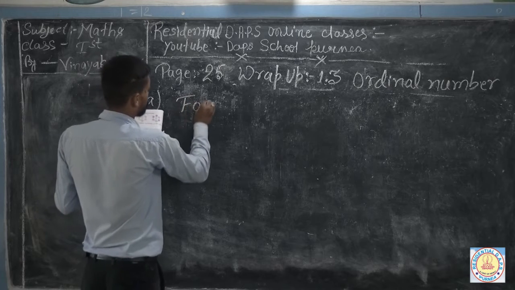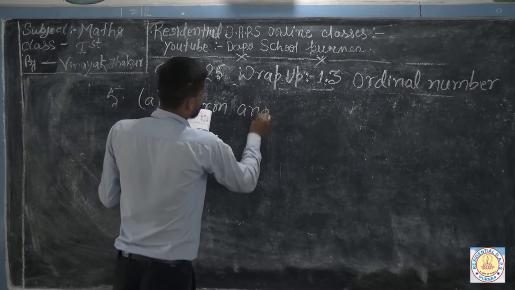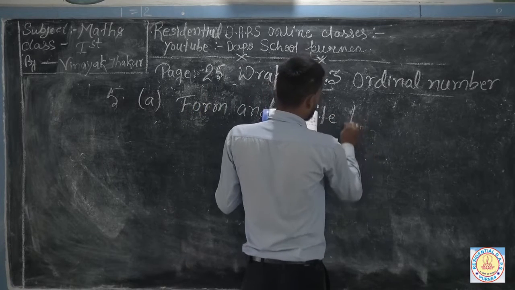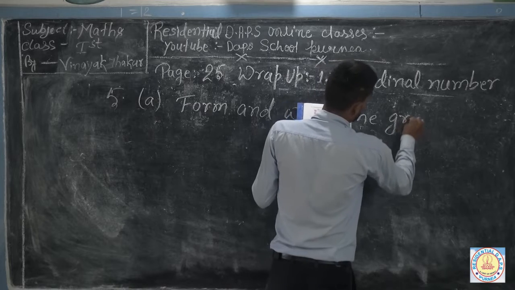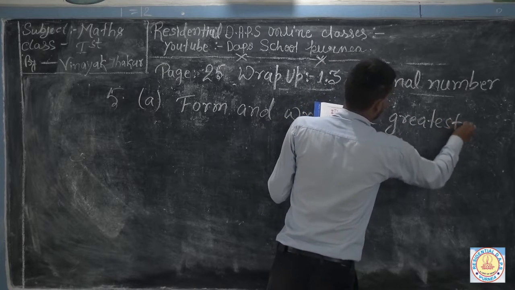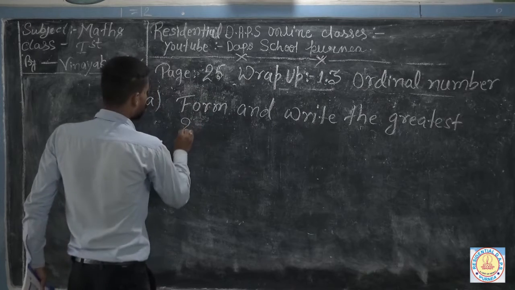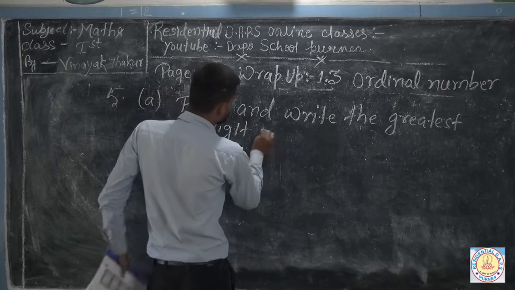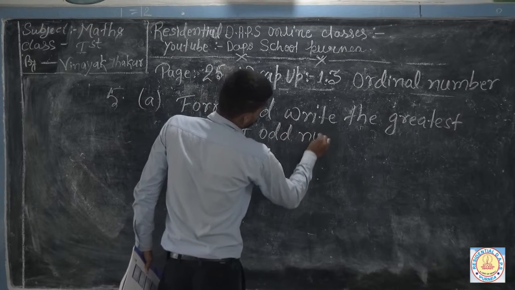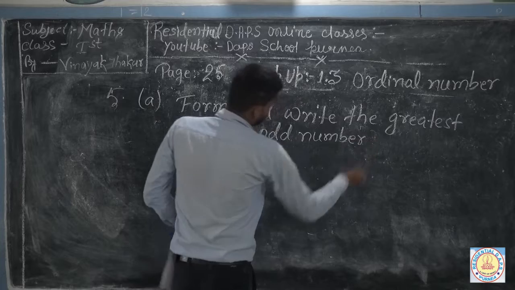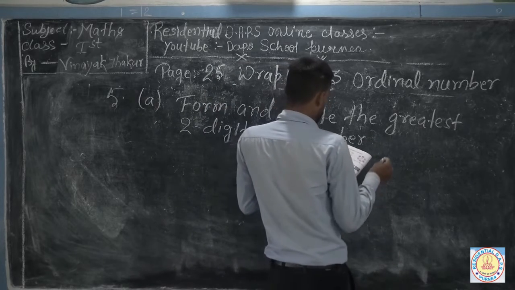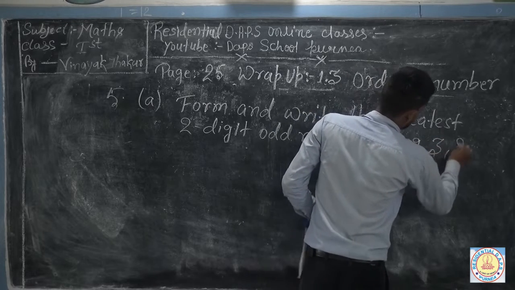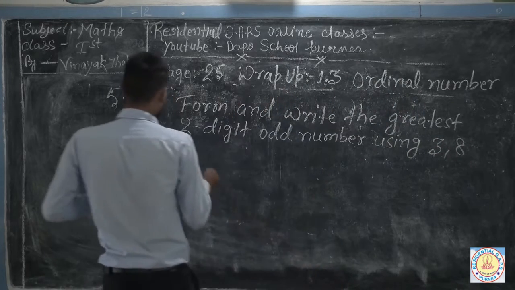Form and write the greatest two-digit odd number using 3 and 8 with repetition.